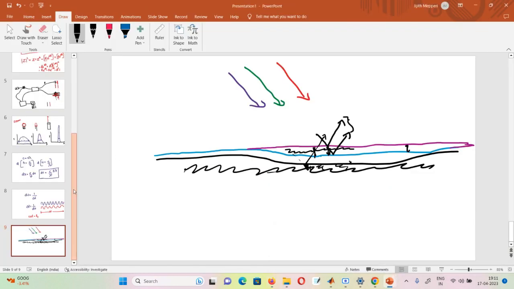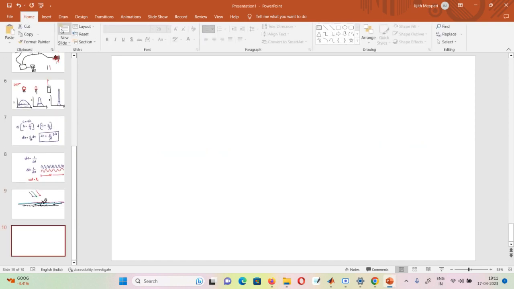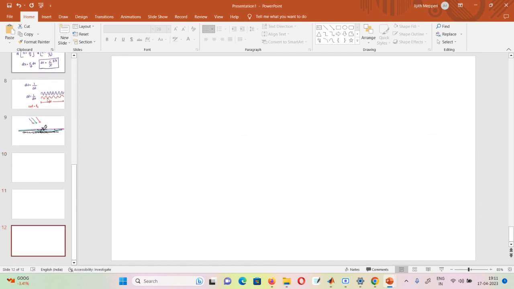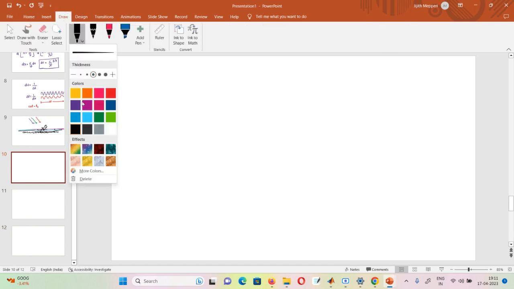Now what they have given is a soap bubble. You will have a soap bubble having a particular thickness.